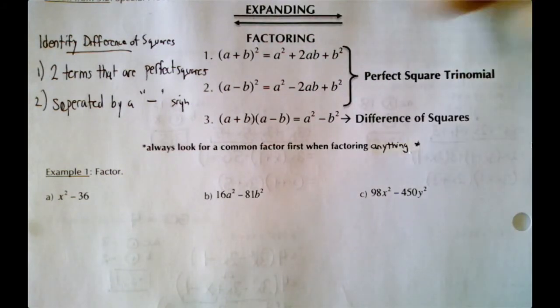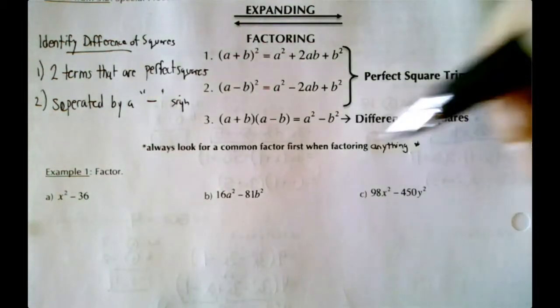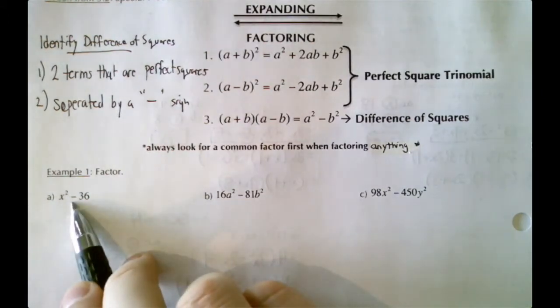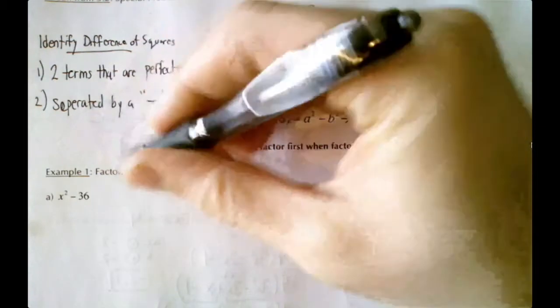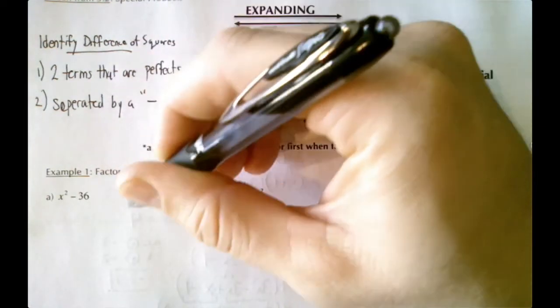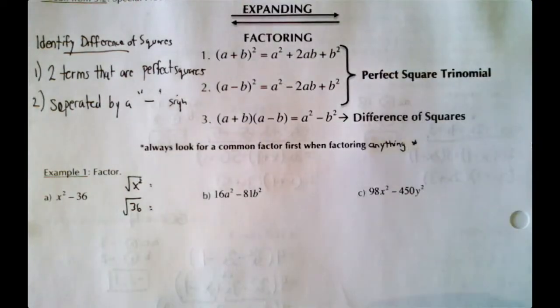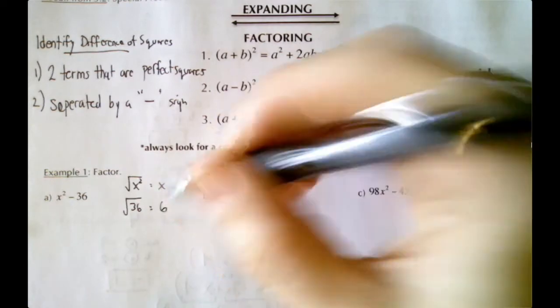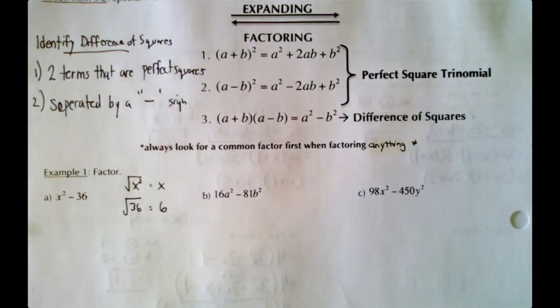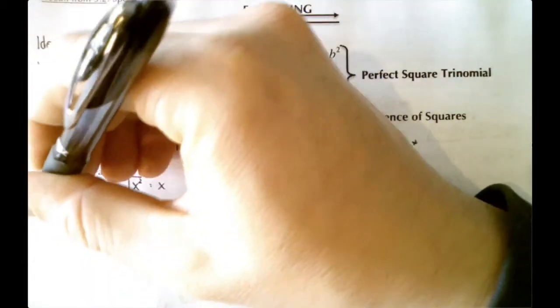So let's look. x squared and 36. They're separated by a minus sign, so that's good. That's a difference. And are they squares? Well, if we square root x squared, we get x, and if we square root 36, we get 6. So x and 6 become your terms that complete your binomials.